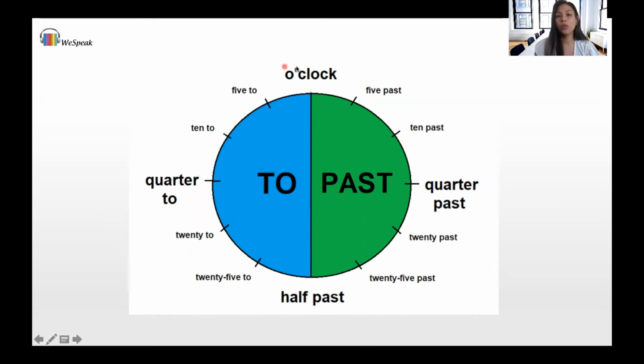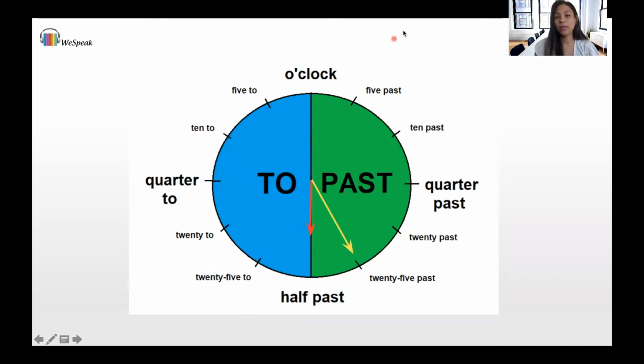Okay, let's do one more. Okay, this time we are going to use to or past. We are going to use past because it's in the green area, right?